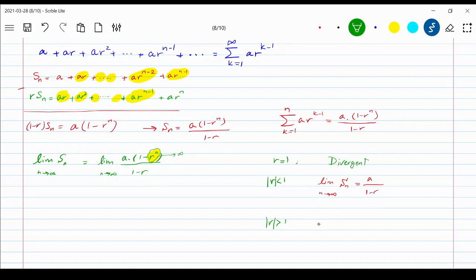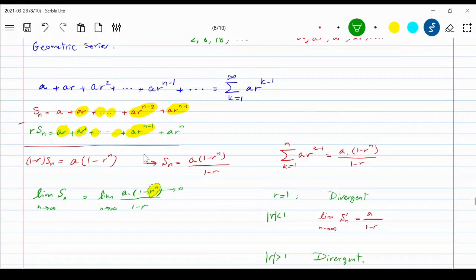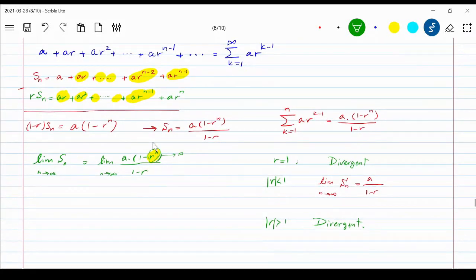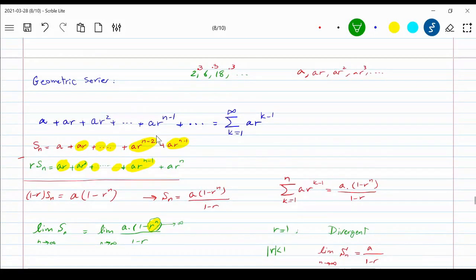So the limit would be infinite, and you would have a divergent series. So we say the summation for a geometric sequence exists only if the absolute value of the common ratio that you multiply at every step is less than 1. Otherwise, you would have a divergent series. For example, if you write 2 plus 6 plus 18 and so on, then you would have a divergence here.